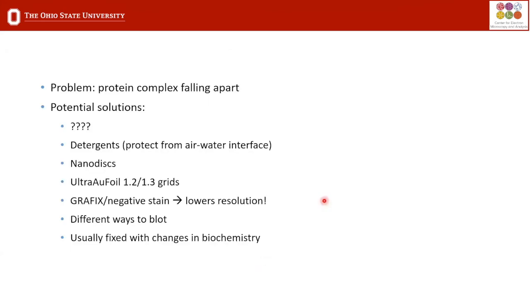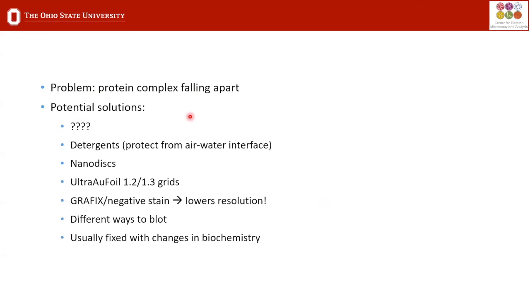So another problem that I always hate seeing is a protein complex falling apart. This ends up being pretty difficult to solve. So some things that we've tried are detergents. There's a belief that these proteins are falling apart at the air-water interface.